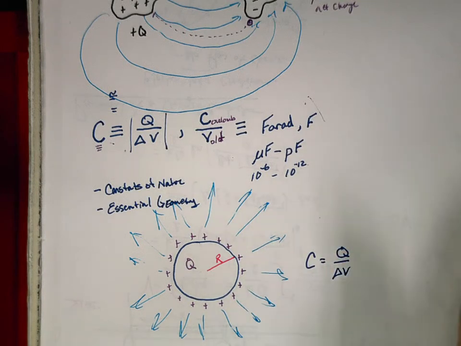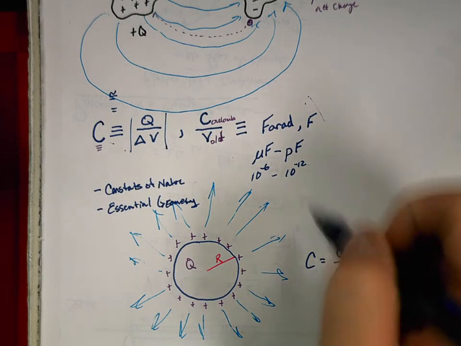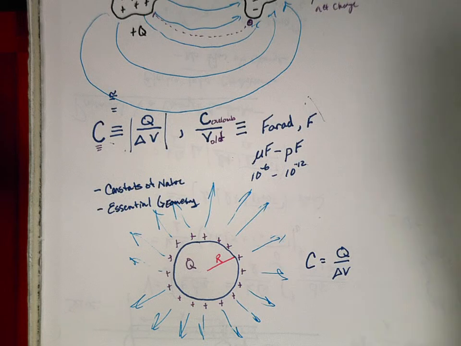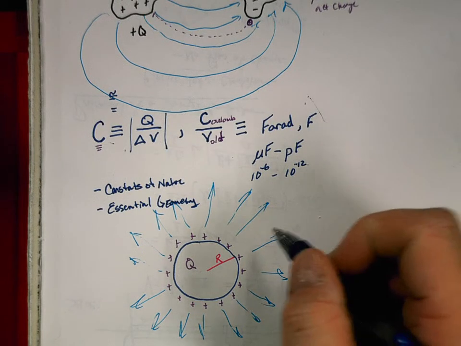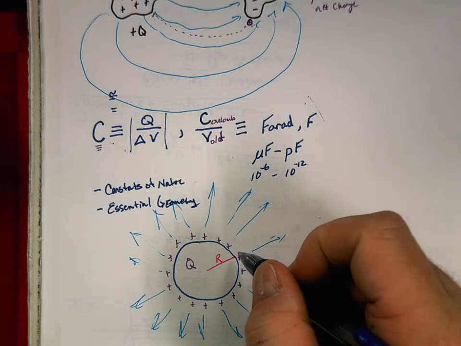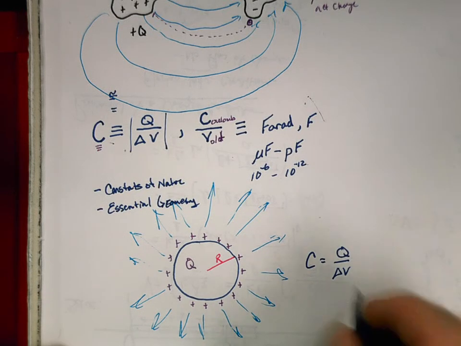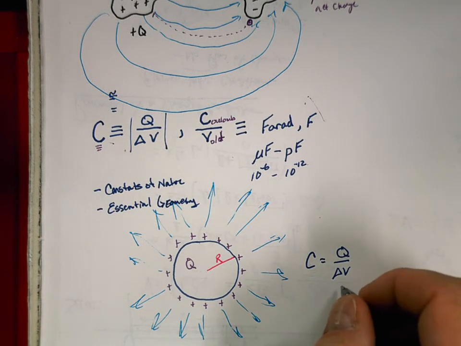So we take some object from way out here and we bring it in, from infinitely far away, and we come close to our conductor. But what then is our potential difference if we're coming from a distance far away?